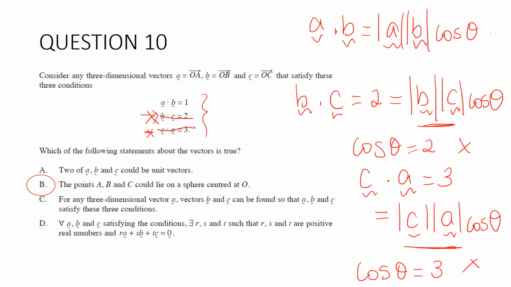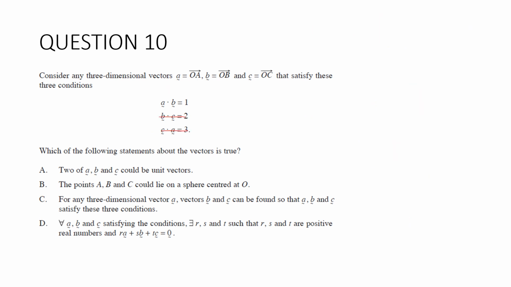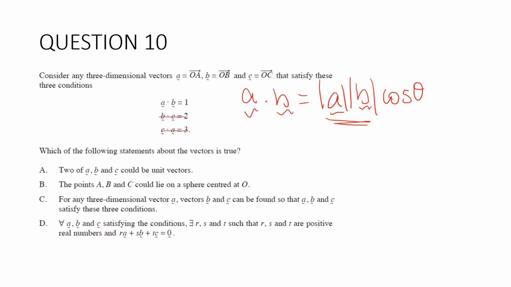But what about this first one? If A and B are the unit vectors, then we have A dot B, which is equal to magnitude of A, magnitude of B, cos theta. And this is equal to 1. So in other words, A dot B is equal to cos theta, which is equal to 1.